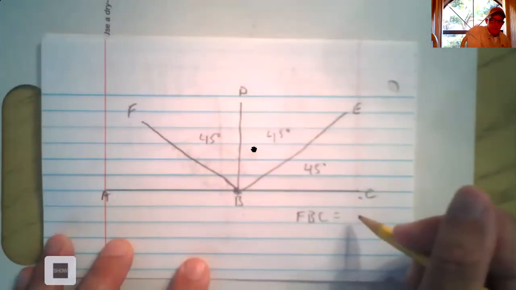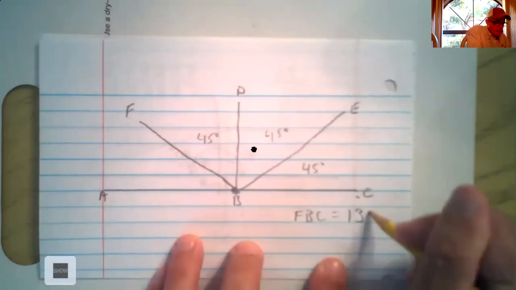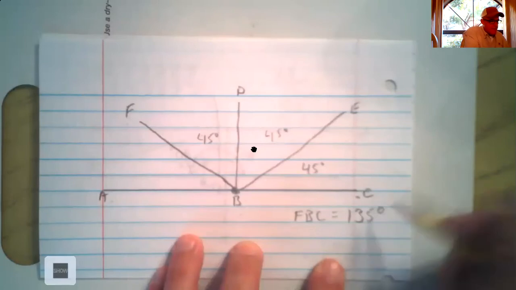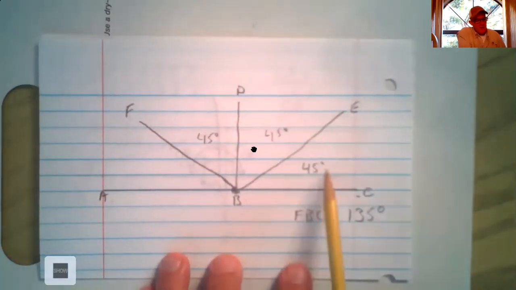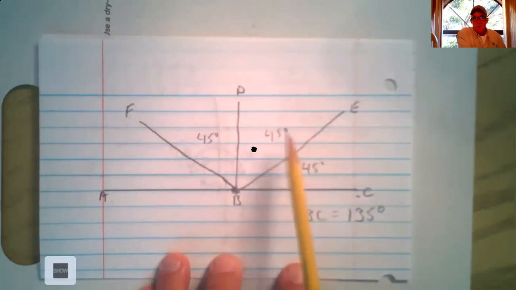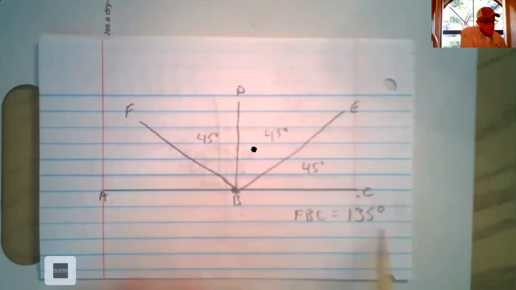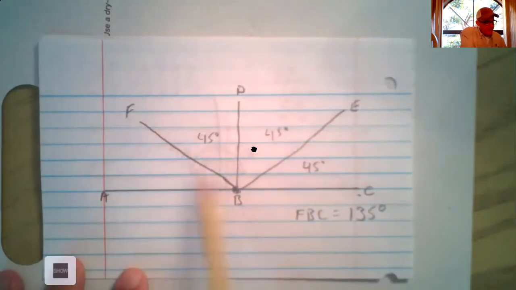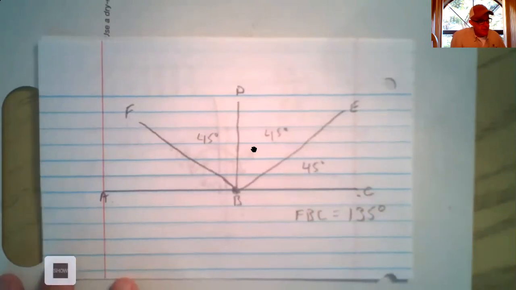If we did the math, we would know that measurement is 135 degrees, because 45 plus 45 plus 45 equals 135 degrees. So angle FBC is 135 degrees.